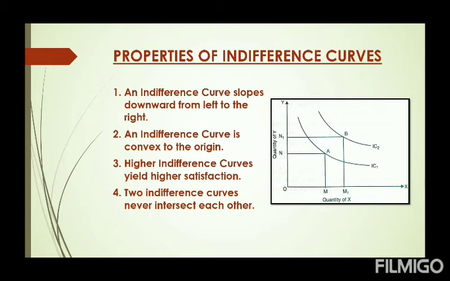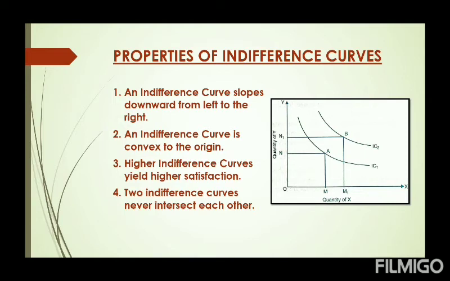If two indifference curves intersect each other, this would imply that the combination of two goods corresponding to the point of intersection would give different levels of satisfaction, which is absurd, and as a result two ICs can never intersect.